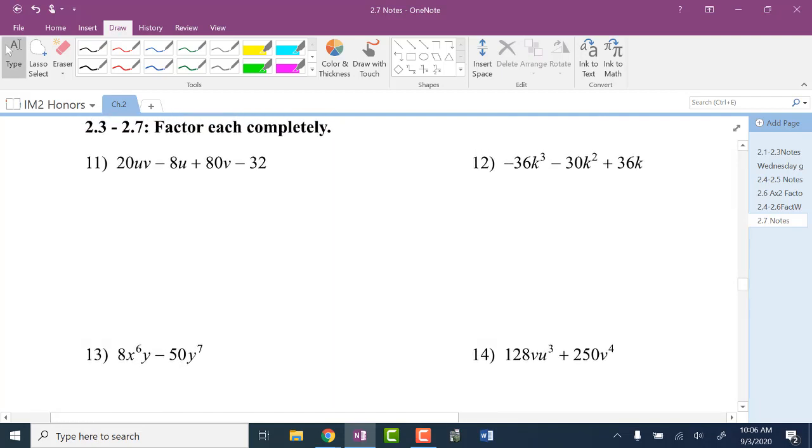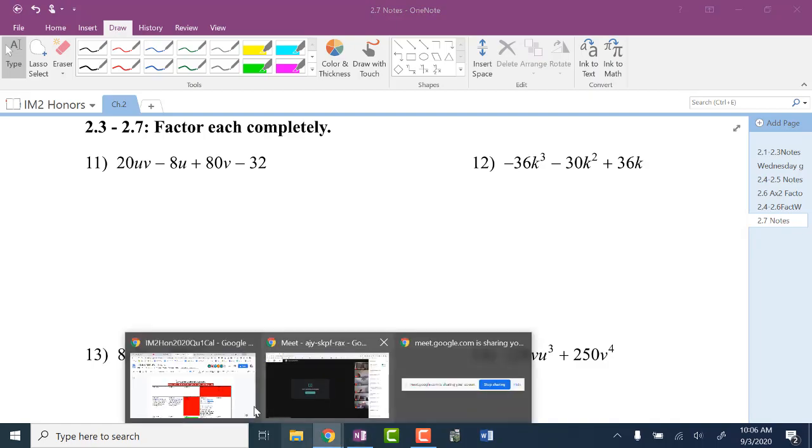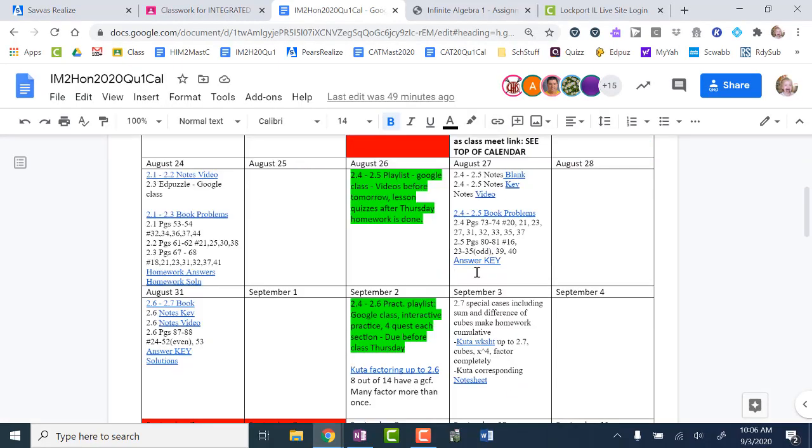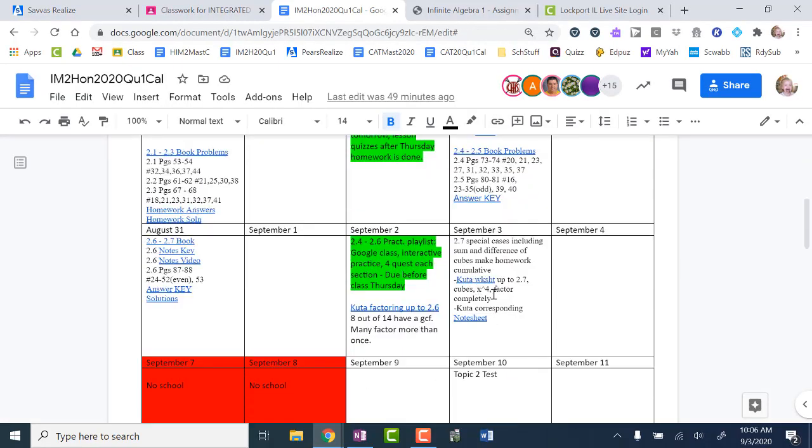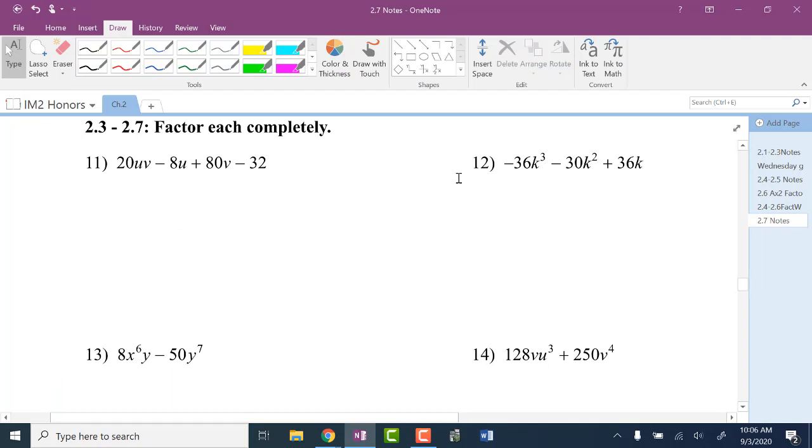Remember what I said at the beginning of class. It should have already popped up in your Google Classroom, 2.7 practice. The homework is on the calendar above there. It's that worksheet. It's a lot of questions, but I hope you find that factoring actually becomes fast, so it really isn't that bad.